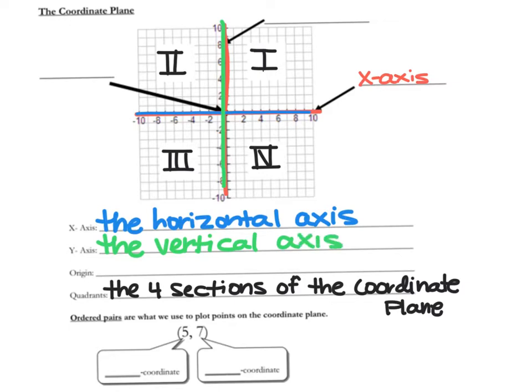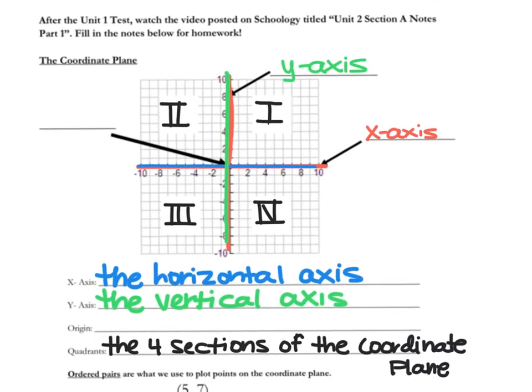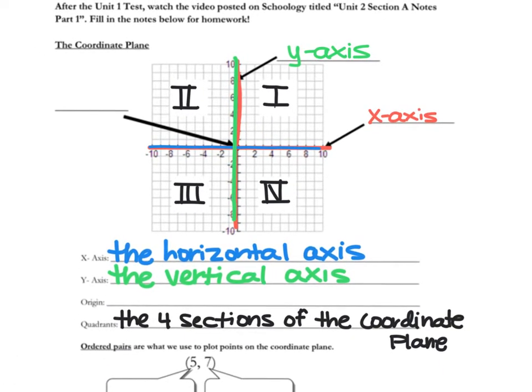The vertical axis. So that would be the y-axis. Then we have a fancy word for this middle point. So this middle point right there, where the two axes cross or intersect each other, is called the origin.